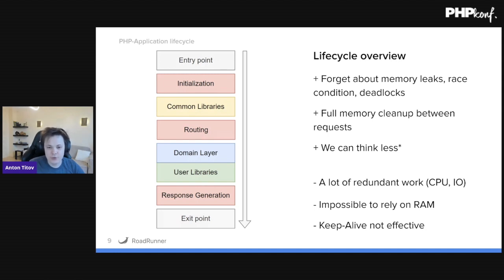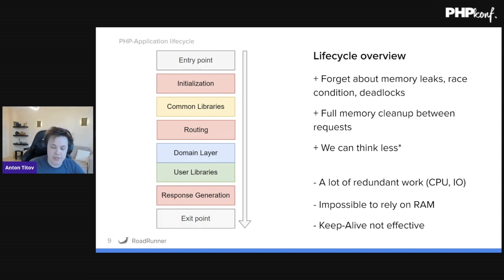However, this approach introduces additional overhead. It's pretty obvious overhead. Number one, we just cannot use memory since it's going to be wiped. We have to be creative and use some external key-value storages, maybe some shared memory packages, something like that. We cannot rely on keep-alive requests.